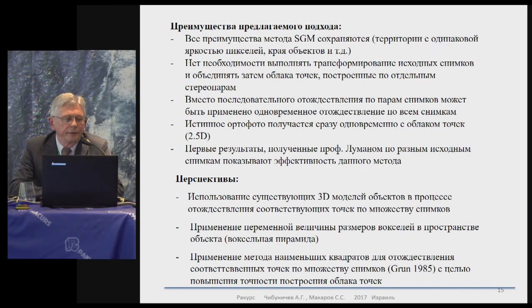So what are the cons and pros of this method? All the benefits and advantages of SGM remain. A definite plus of this method is, of course, you don't have to make transformation. We use initial images with sub-pixel accuracy.